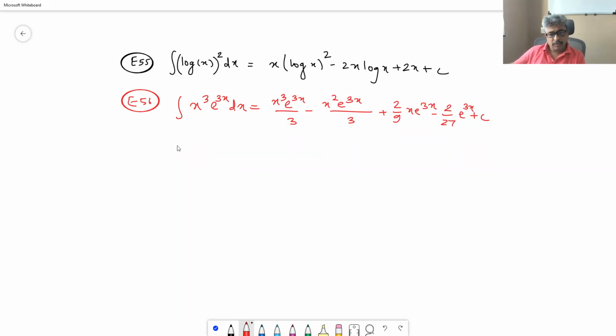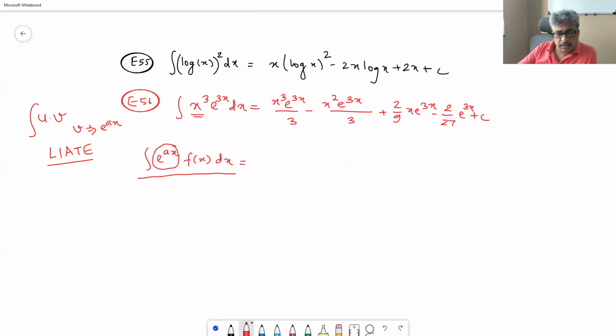So now can you generalize this and write down the formula for integral e raised to ax f of x dx? Write down the generalized formula for this.